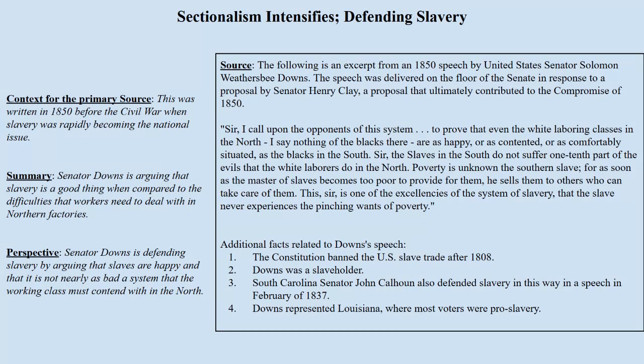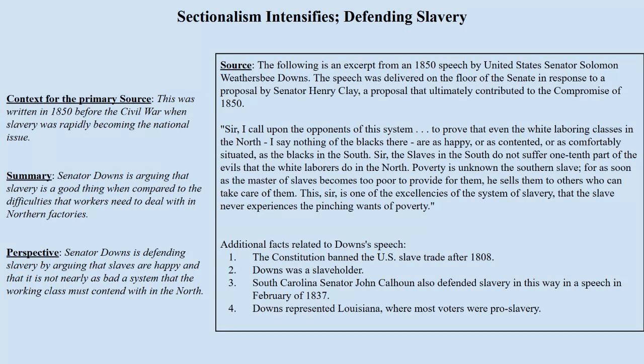Now, if we're going to talk about summary, we have to read the document and see what exactly is contained here. What does the document say? So if we read it, it says, "Sir, I call upon the opponents of this system to prove that even the white laboring classes of the North, I say nothing of the blacks there, are as happy or as contented or as comfortably situated as the blacks in the South.